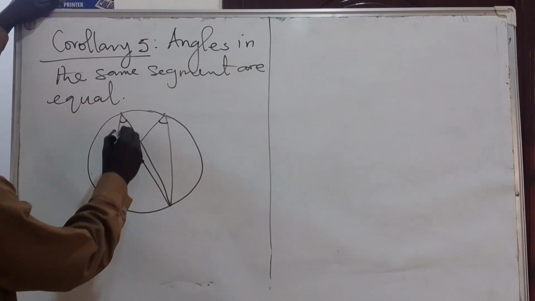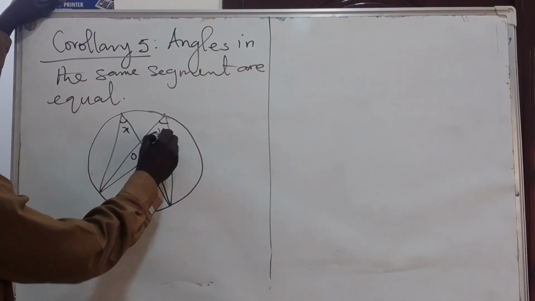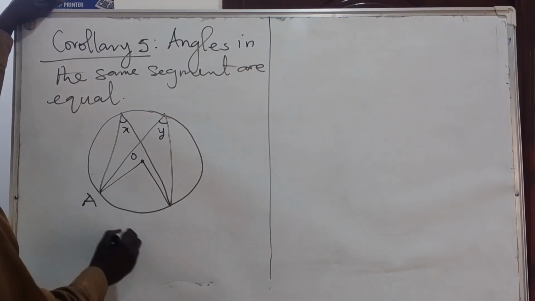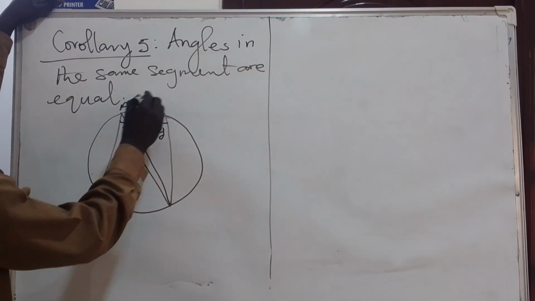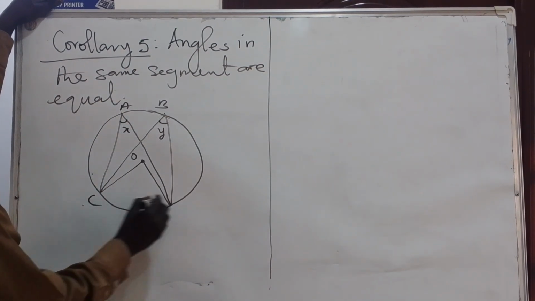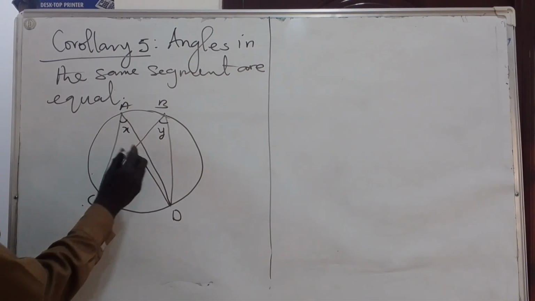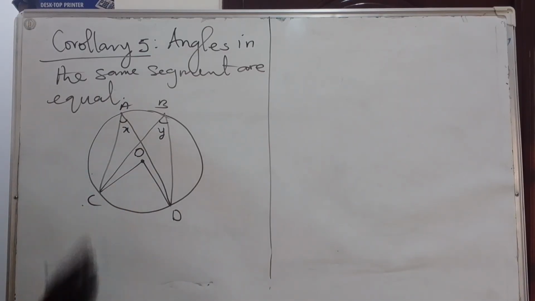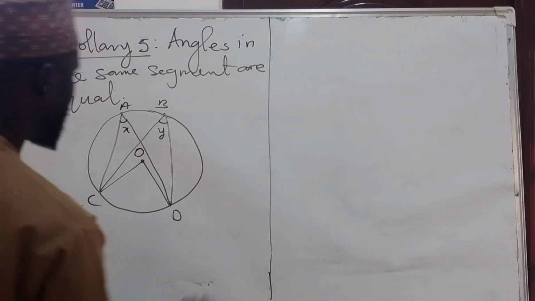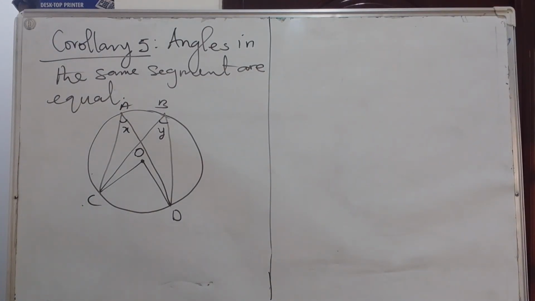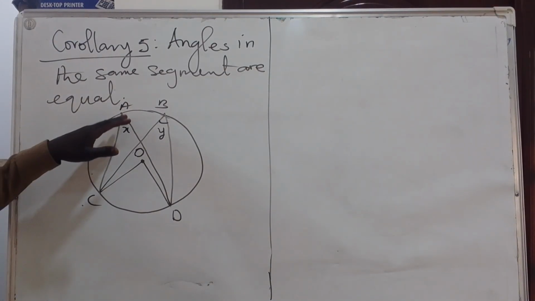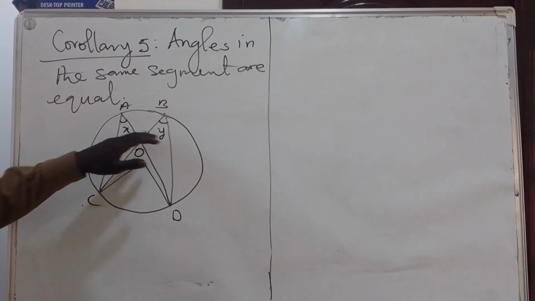Call this angle x, call this angle y, and call the points A, B, C, and D. What the result is saying is that these two angles, x is equal to y.